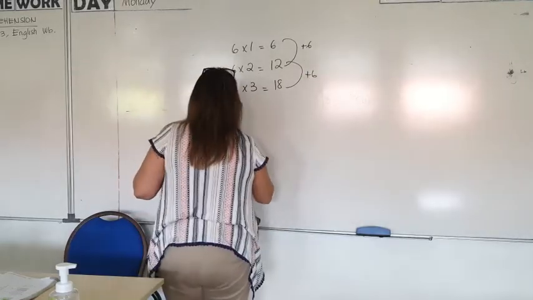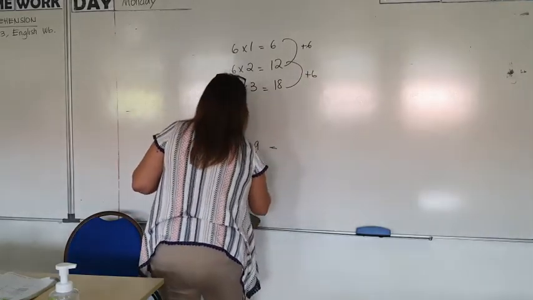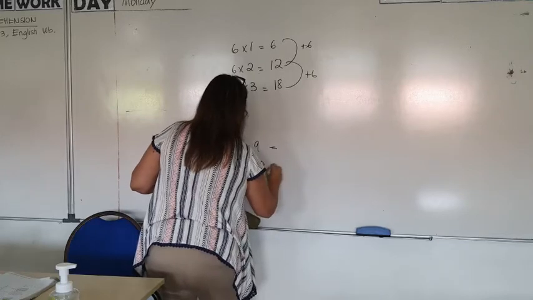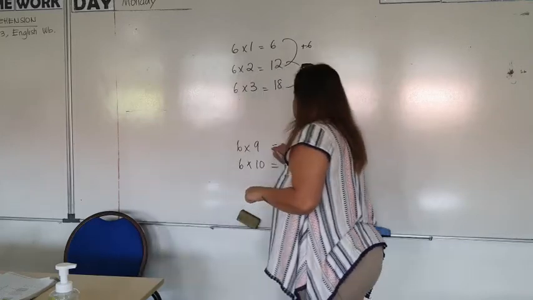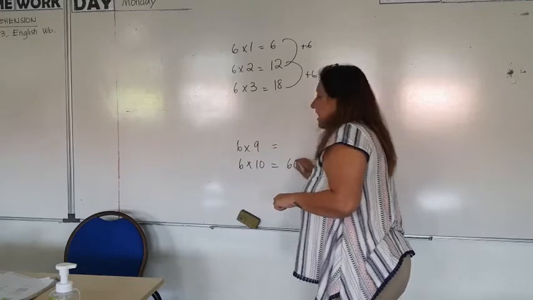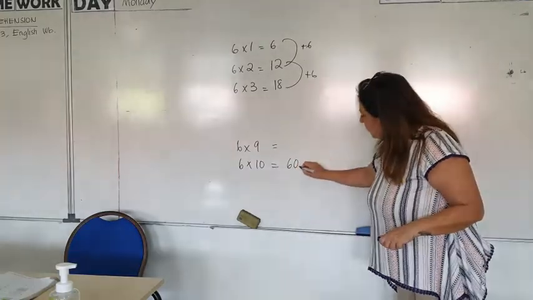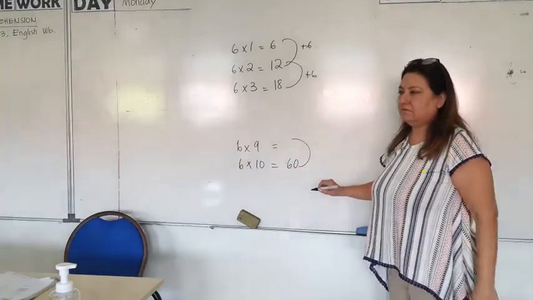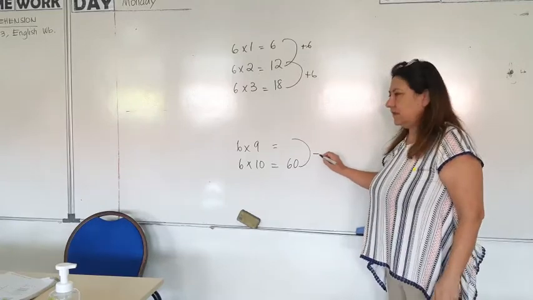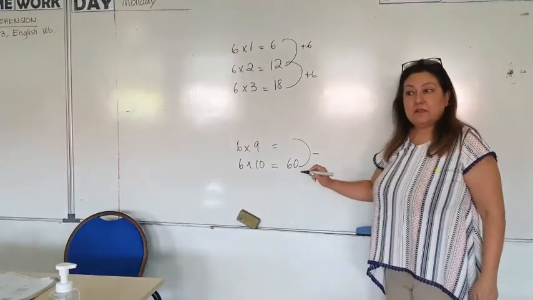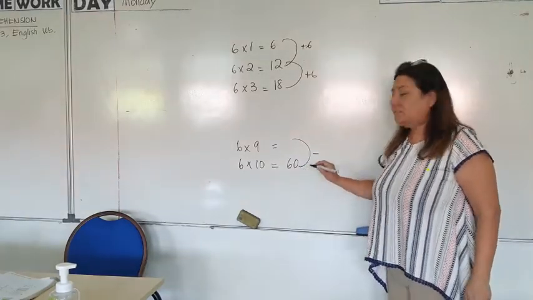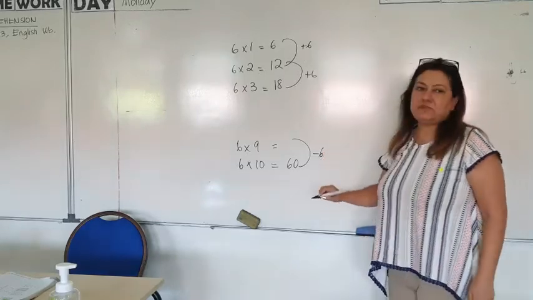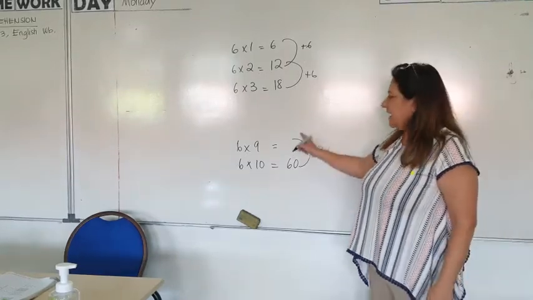So 6 times 9 and 6 times 10. Okay? Now 6 times 10 is 60. Correct? Yes. So when we go backwards, we will do what? Minus what? 6. Minus 6. Cannot be minus 1. So 60 minus 6.